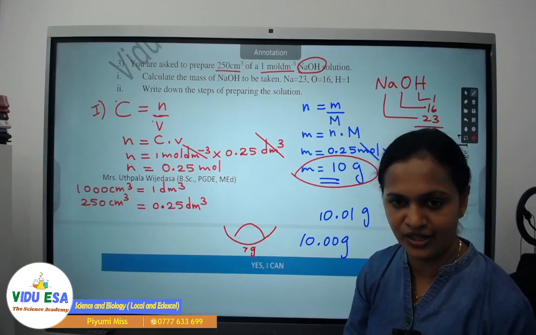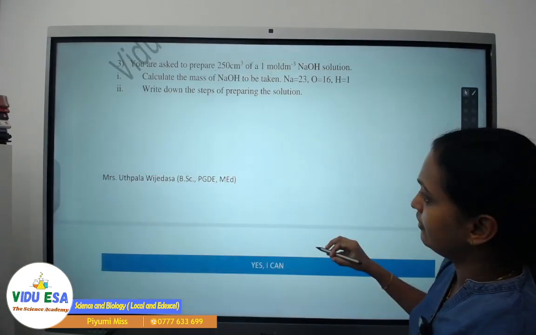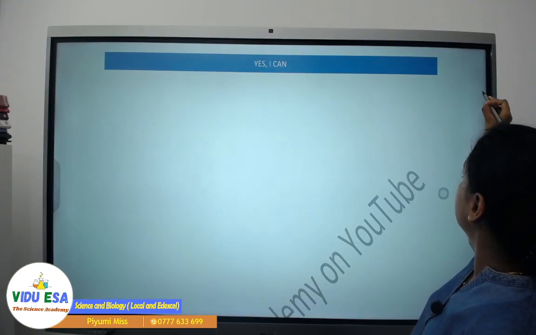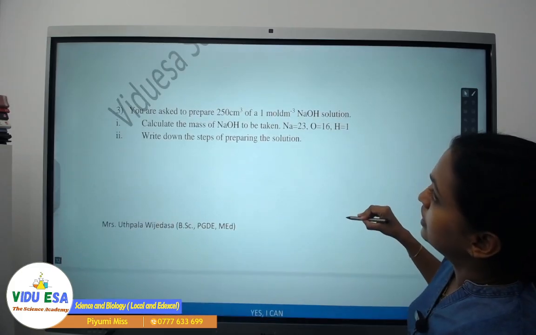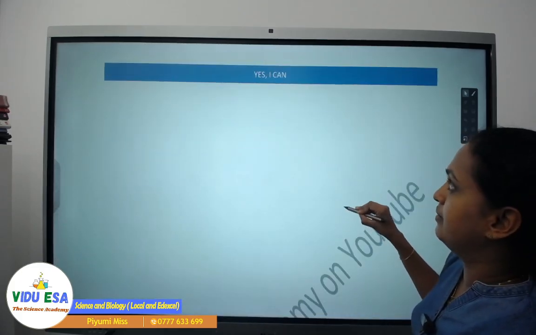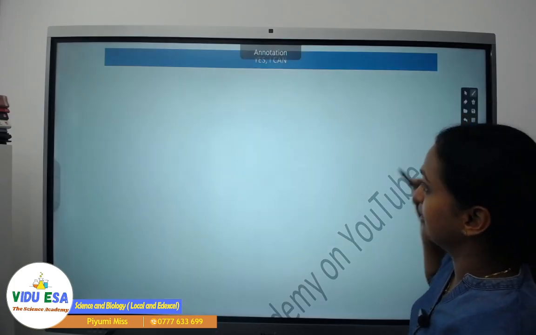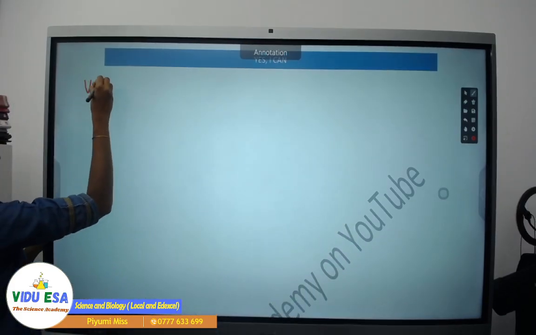You must measure it exactly. After that we take the watch glass. Wait. What is our volume? 250 cubic centimeters. So in the laboratory, there are volumetric flasks of different volumes.